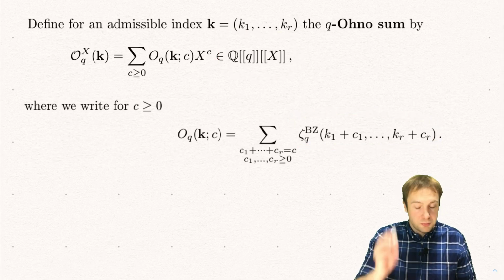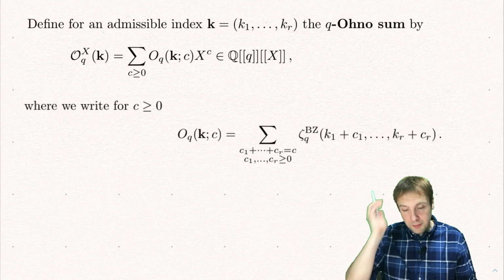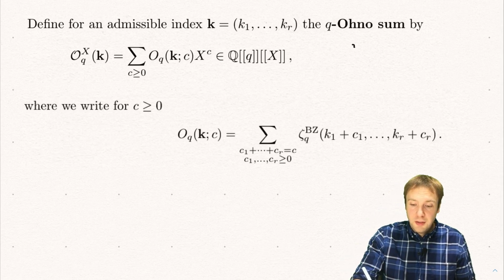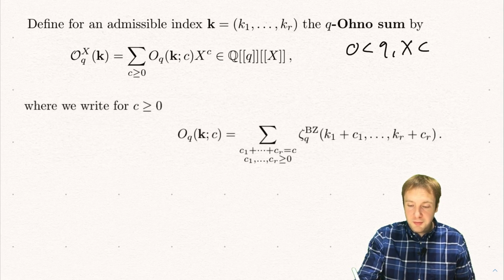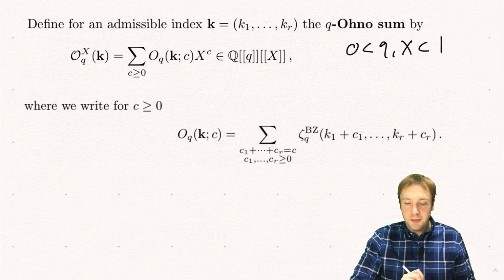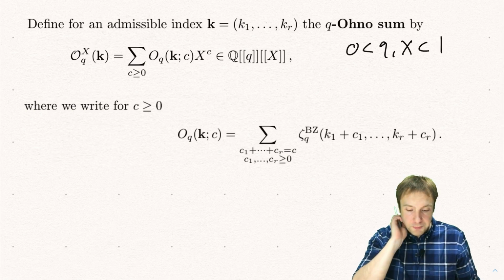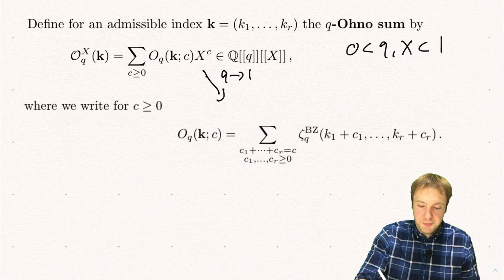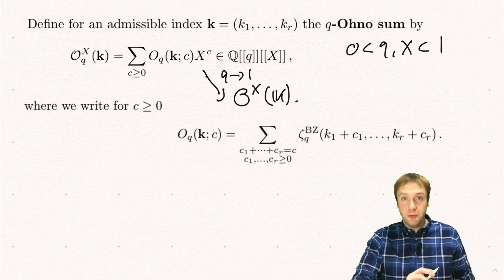So this is a formal power series in X where the coefficient is a formal power series, but you can also check that this sum converges absolutely and gives a real number when q and X are real numbers between 0 and 1.